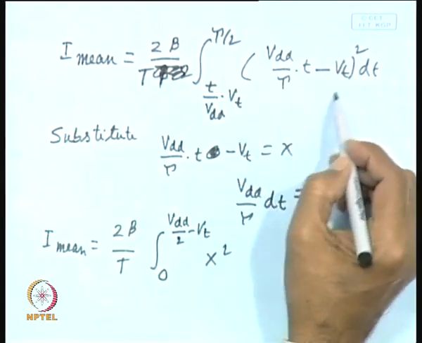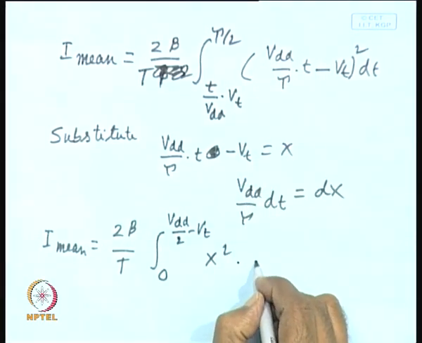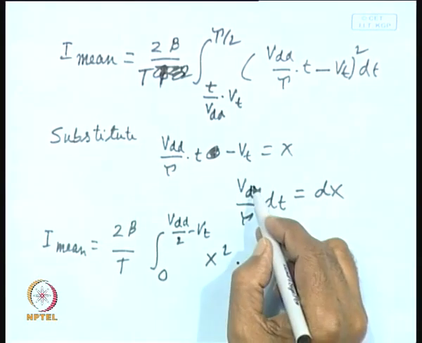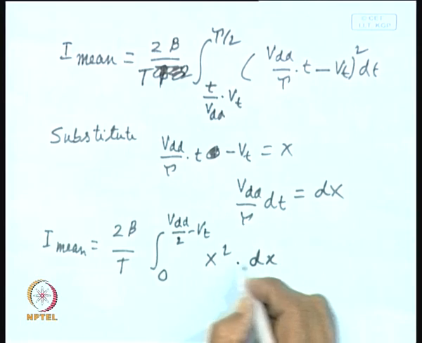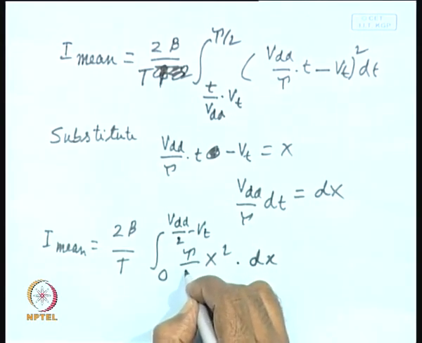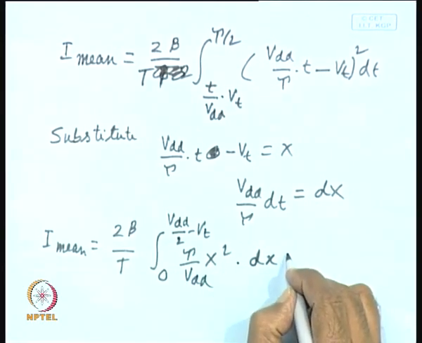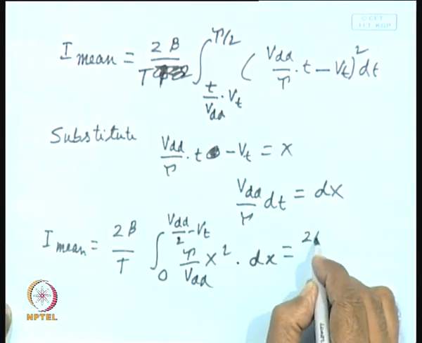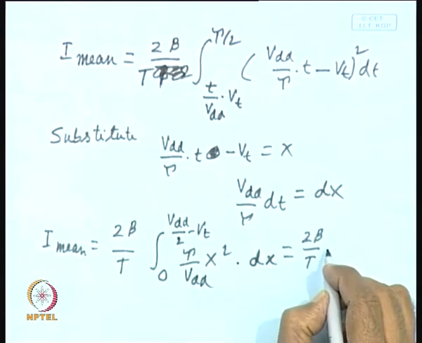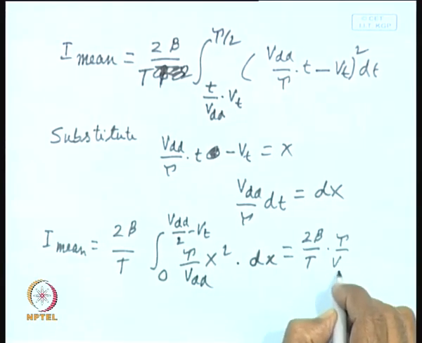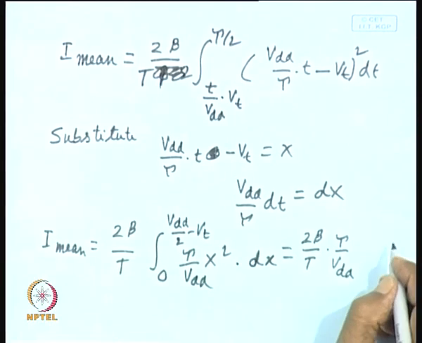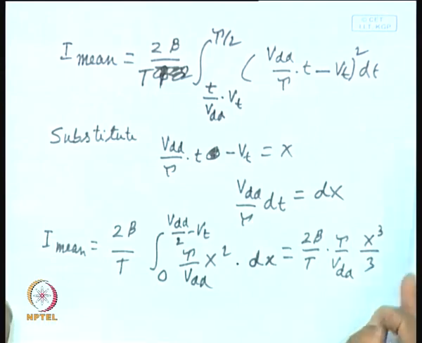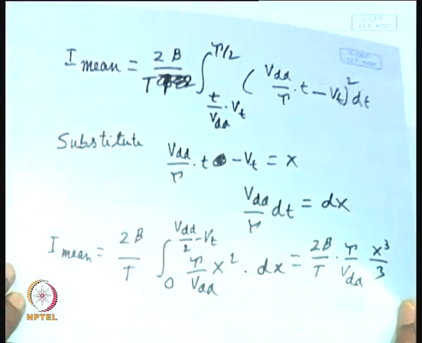So, this is x we have substituted, and this is dx into, of course, this factor will be there, tau by VDD. Then this will be equal to 2 beta by t into tau by VDD into x cube by 3 after integration. So, if we substitute x, what we shall get?